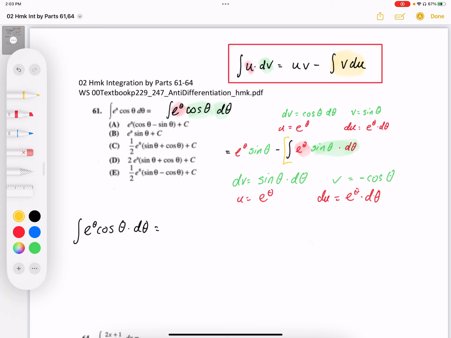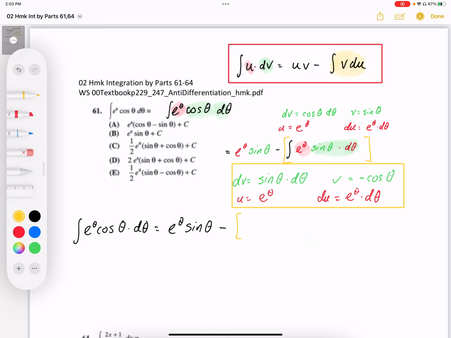This is the new integration by parts piece. My original part was e^θ sin θ minus, and this now represents the new integration by parts.